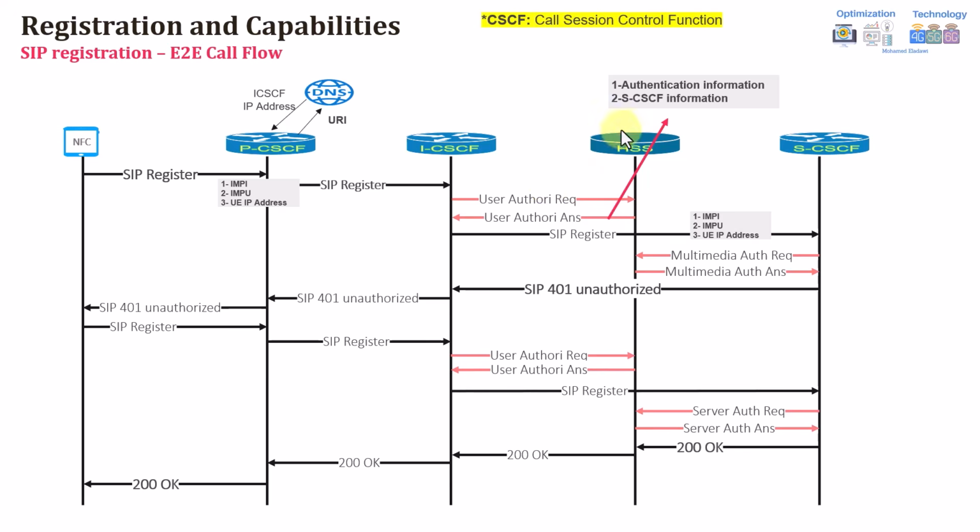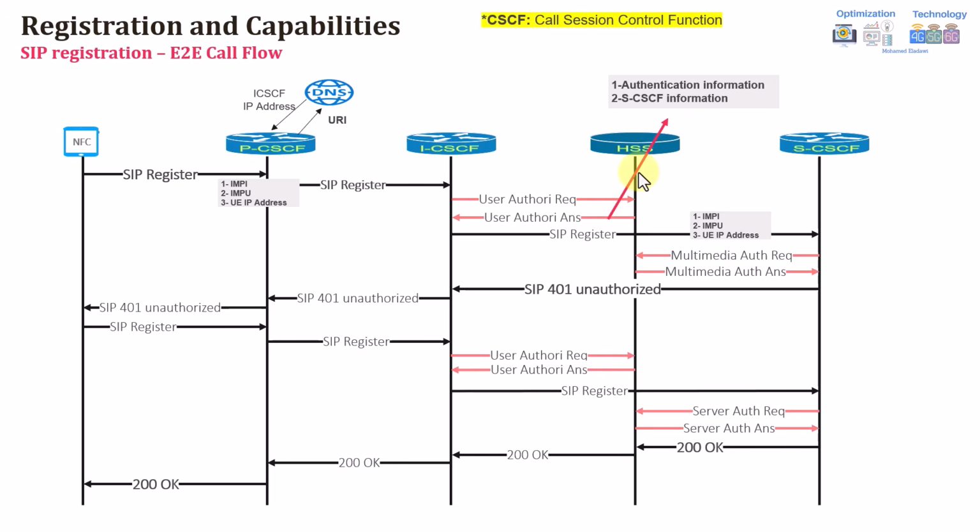For example, assume you have in the network 4 serving call session control functions. The HSS will tell them that this particular user can be served by S-CSCF 1 or 2 or 3 or 4. So this is the main idea why the interrogating CSCF is invoking the HSS, to get the information about the serving call session control function.